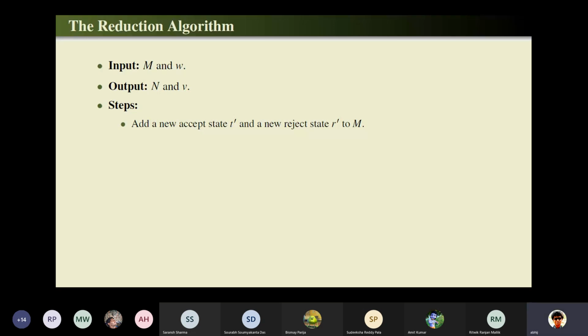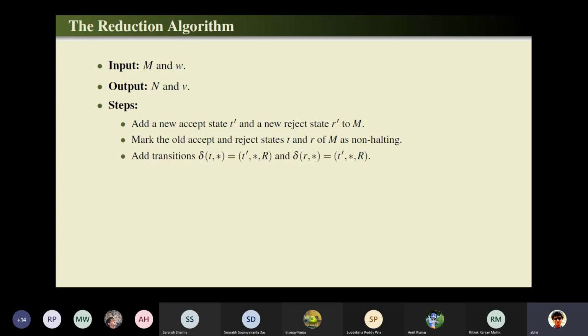This is one possibility. So it will change the description of T and R to T prime and R prime in that description. That is also doable. And since T prime and R prime are new accept and reject states, the old T and R must be non-halting. That can be recorded in the description. Also, you add transitions of this form.